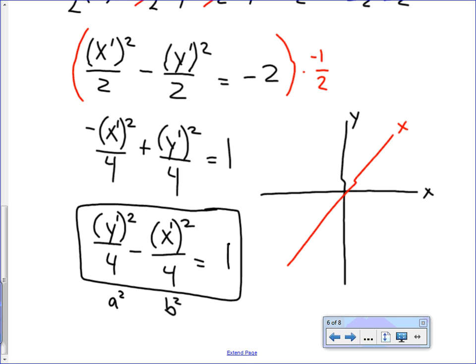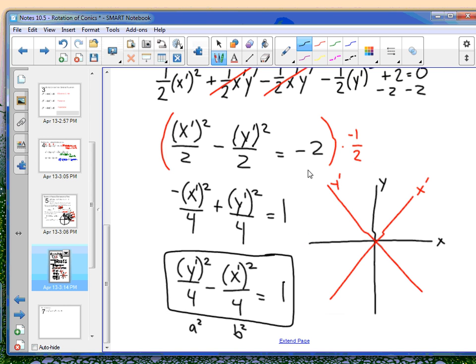So we have our new x prime and our new y prime. And you're actually going to graph on the red axes.